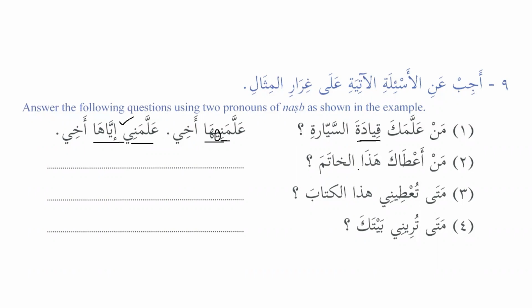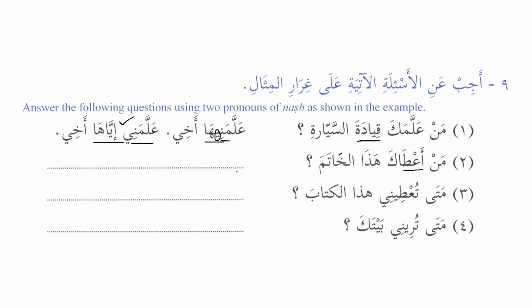من أعطاك هذا الخاتم? Who gave you this ring? You want to say, my father gave it to me. أعطاني. Because we know that أعطى generally requires two objects.